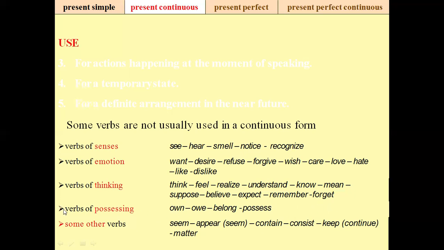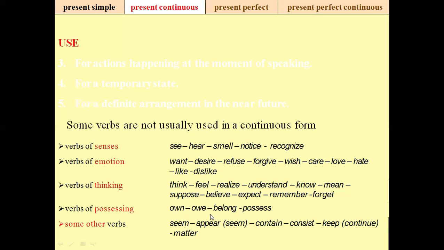Then verbs of possession, or ownership. Verbs which show the sense of ownership or possession are also not used in the present continuous tense: own, owe, belong, possess. We are not going to say owning, owing, belonging.